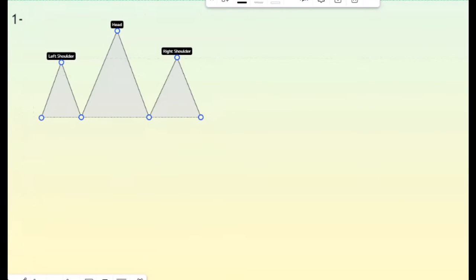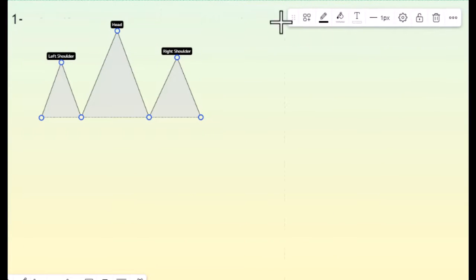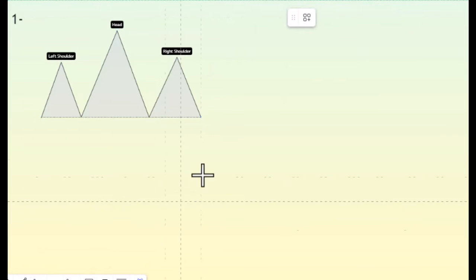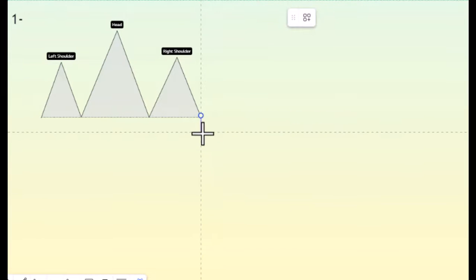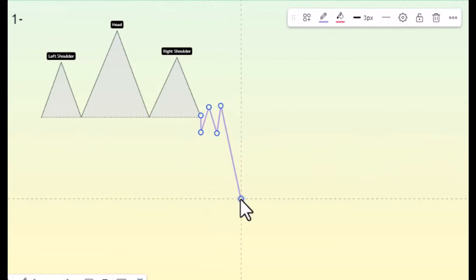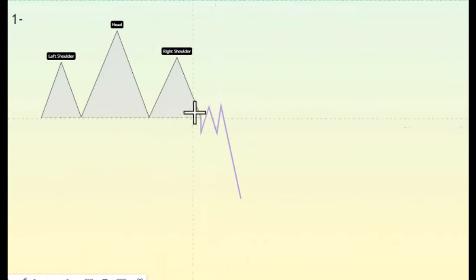Let's check the first type together. Assume that the left shoulder, head, and the right shoulder are formed first. We wait for the neckline to break, and we assume that when the neckline breaks, a supply and demand range is formed. You can see the last video to understand that.